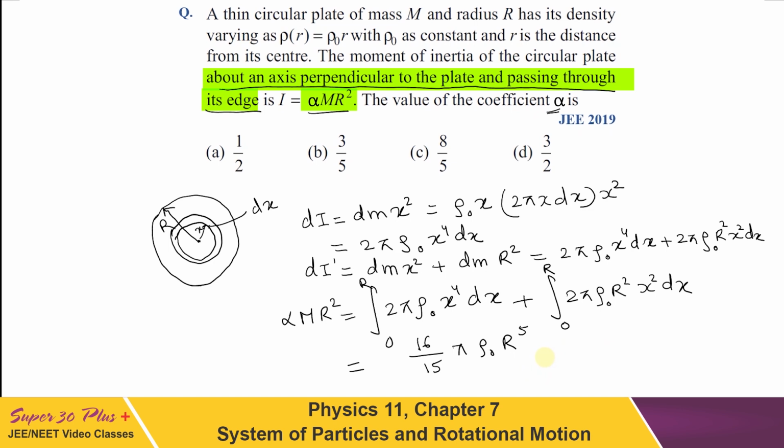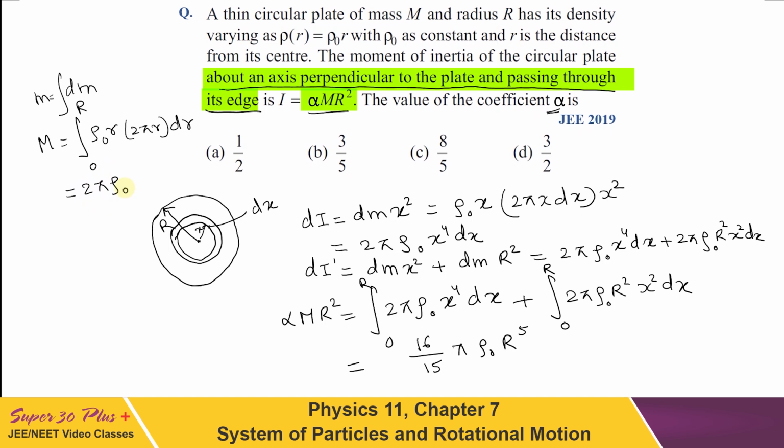So let us calculate the mass separately, that can be written as integration of dm, which is given m. First I am writing the mass of the elemental ring, that will be equal to ρ0 r into 2 pi r dr, and this has to be integrated within limits 0 to capital R. So on substituting, it will be 2 pi ρ0 taken outside the integration.